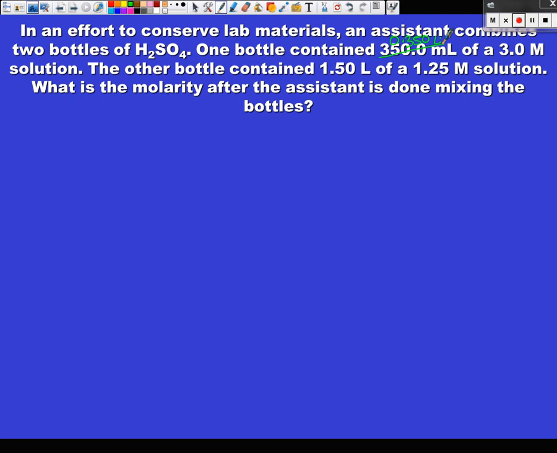Okay. Now, the next part is what's the question? The molarity after mixing. Now, I need to ask you this, and it's important. We know that molarity is equal to what? Now, let's start with the easy part first.